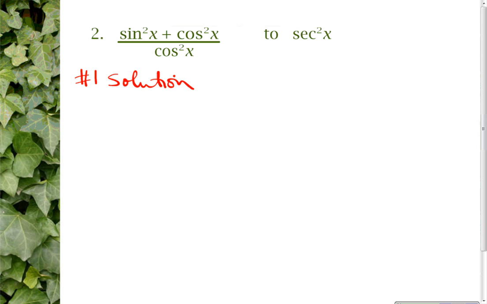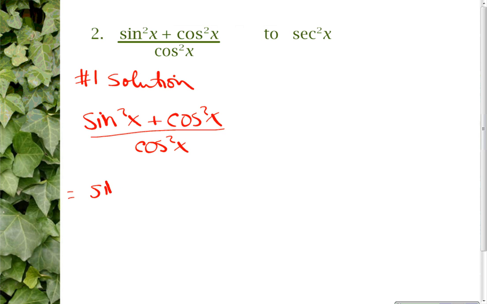A lot of times people are going to see the original and say, wait a second, I've got cosine and cosine. Please just remember to break this apart. Okay, so you're going to say, all right, I'm going to break this up into 2 different parts. So I'm going to get sine squared x over cosine squared x, plus cosine squared x over cosine squared x.